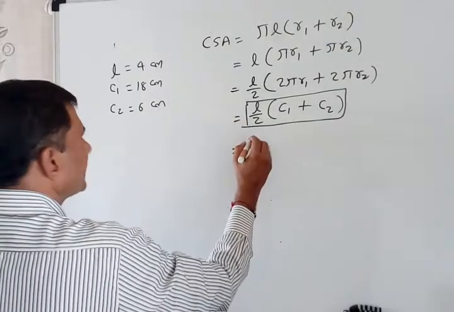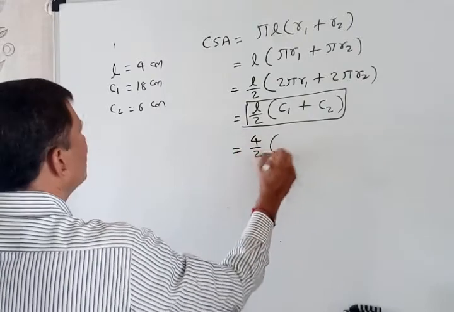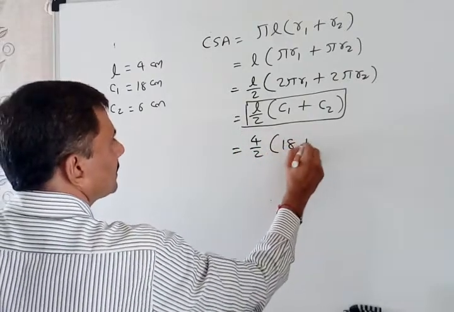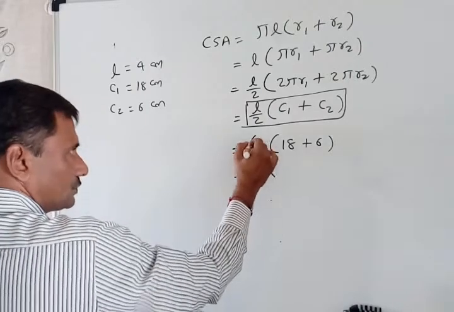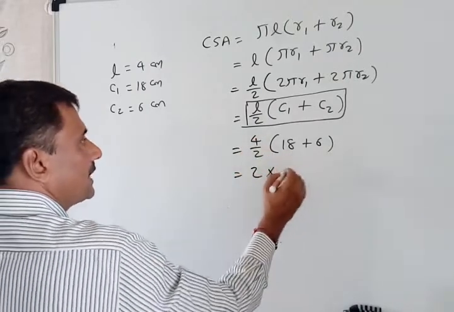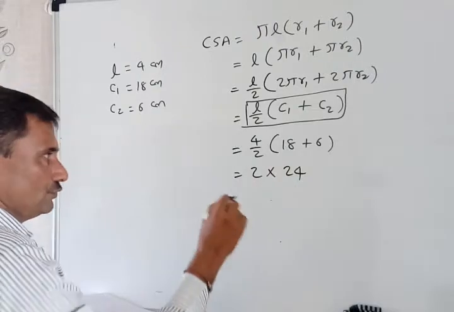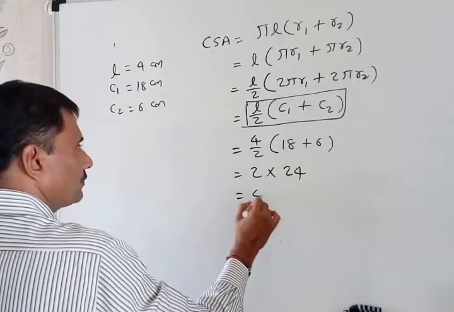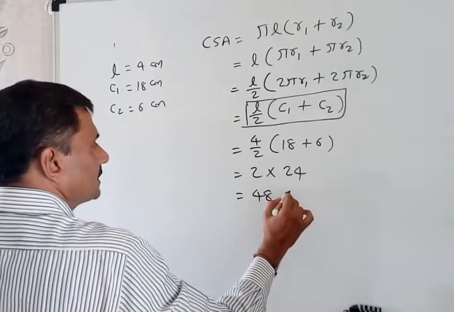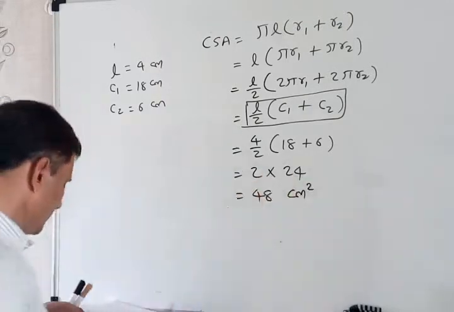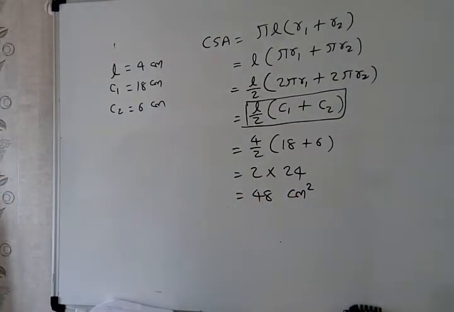So it is 4 by 2, into 18 plus 6. So 4 by 2 is 2, and 18 plus 6 is 24. So 24 into 2 is 48. Answer is given in centimeters, so square centimeter or centimeter square. That is our answer. Okay.